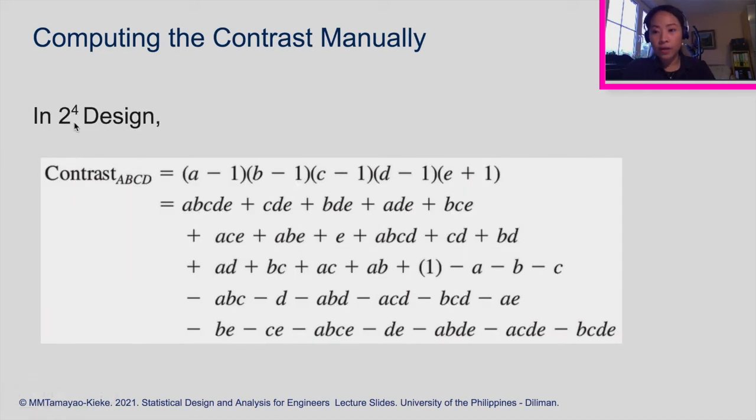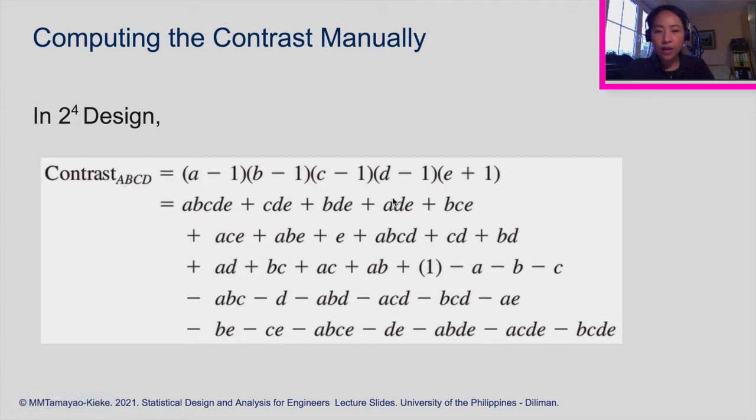So say in a 2 to the 5 factorial design, we want to get the contrast of the interaction ABCD, and eventually we want to get the sum of squares of interaction ABCD.